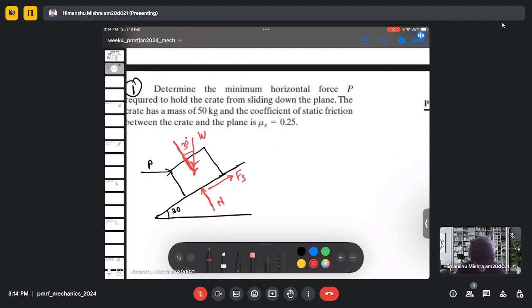So let's consider, I am considering this coordinate system. So this is 30 as well.